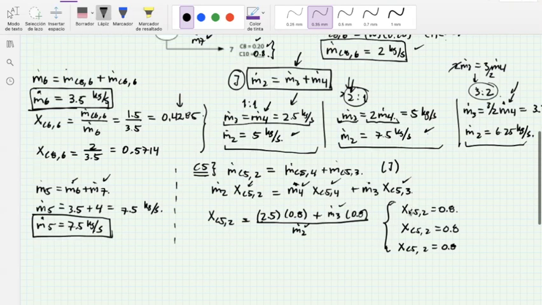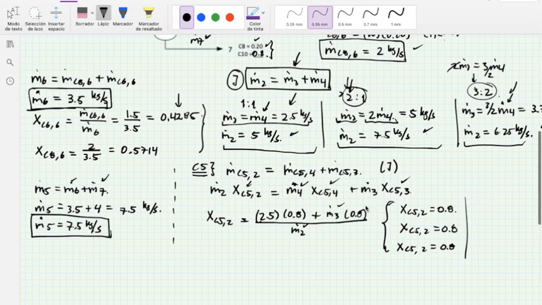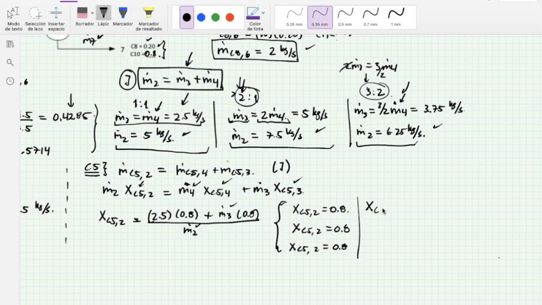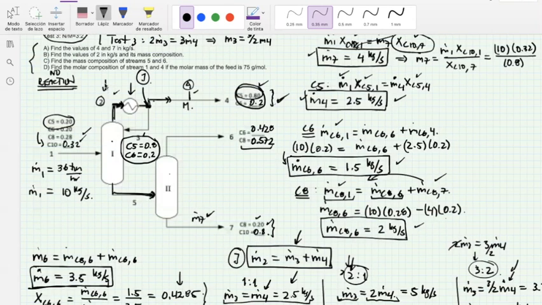And in this case, I'm proving to you that this thing can change. Now with that, I also know that XC, the other substance, which is C6, at 2 is also 0.2, okay, so 0.2 and 0.2. That doesn't change. So we already have solved the composition here at 2, so no problem.